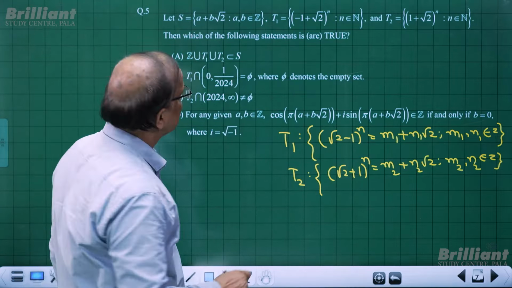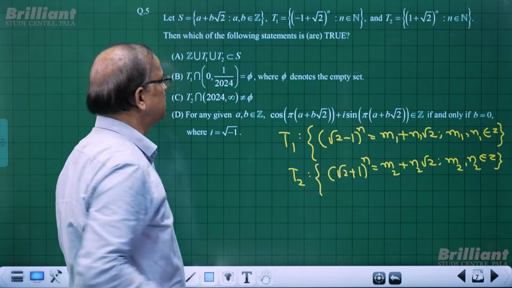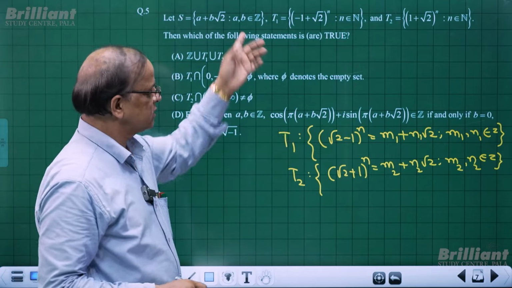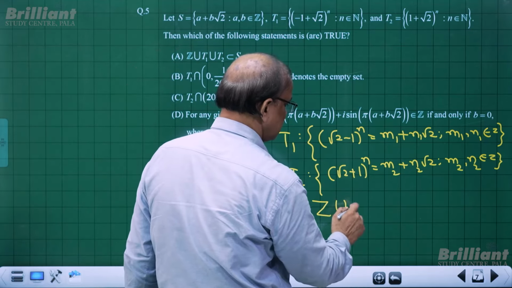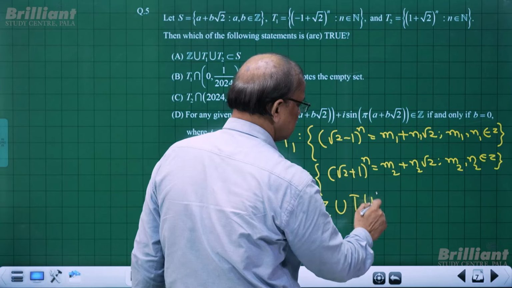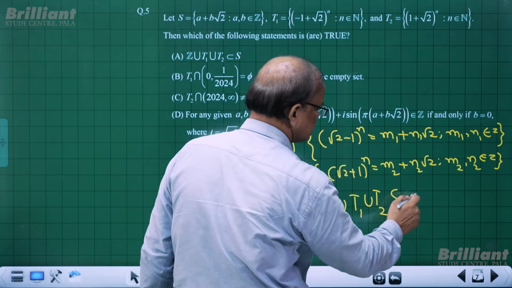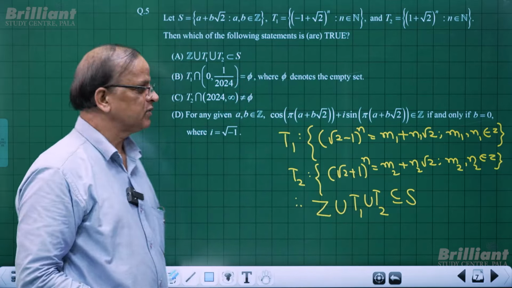Therefore, Z ∪ T1 ∪ T2 is a subset of S, right.